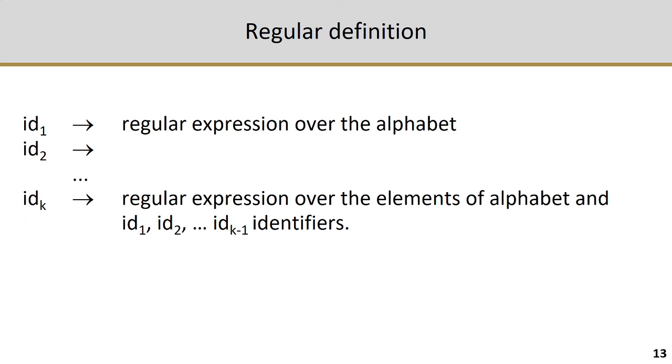Besides regular expressions, we often apply regular definitions, where we can assign IDs to a certain regular expression. There could also be a series of such assignments where each identifier is defined by a regular expression on the basis of the elements of the alphabet and previous identifiers.